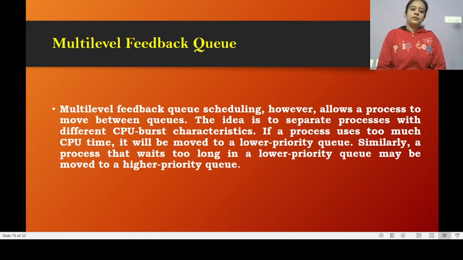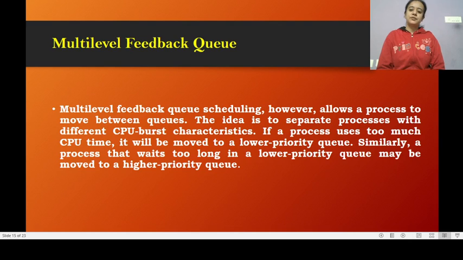There is one more very important CPU scheduling algorithm, that is multi-level feedback queue. How it works: multi-level feedback queue scheduling allows a process to move between queues. The idea is to separate processes with different CPU burst characteristics.